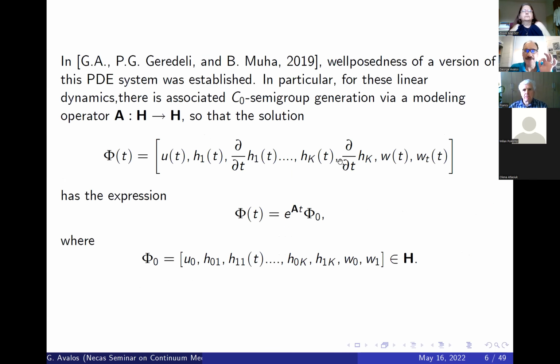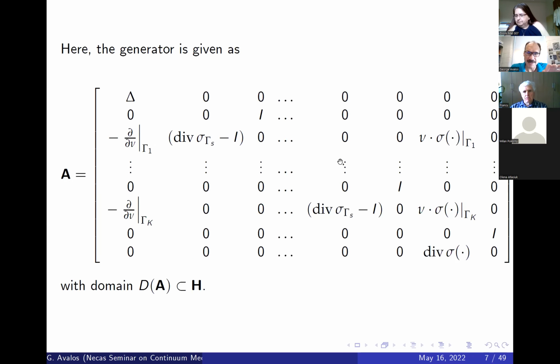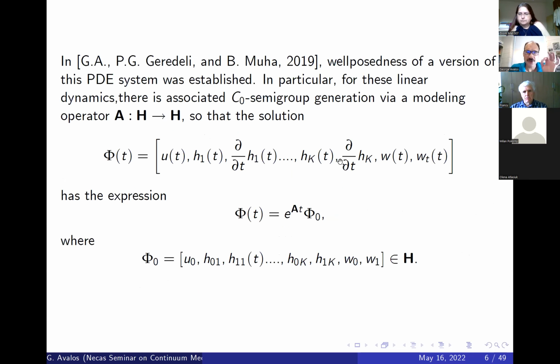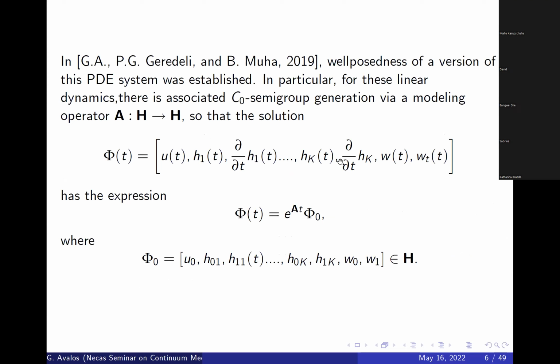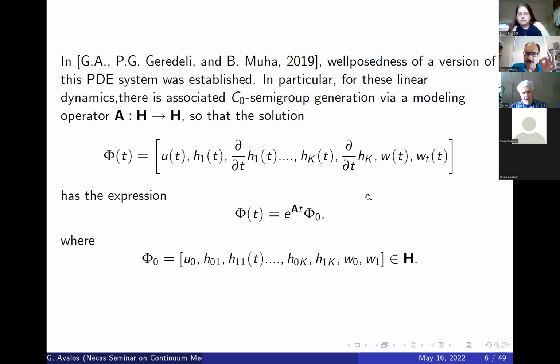And that is the result, namely that with the right domain of definition, there's contraction semigroup generation with respect to this matrix, which models the multi-layered structural fluid system. So the short of it is, given Cauchy data phi naught in the space of finite energy, one has a solution straight away for this linear problem by application of the semigroup.